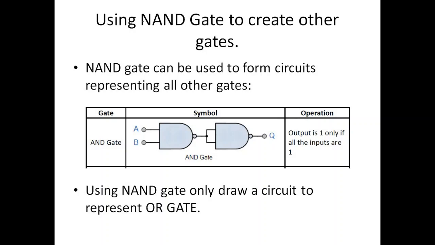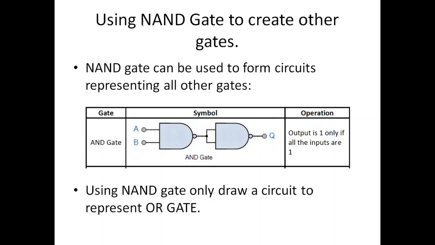Because all the 6 gates, when they are used in electronic circuits, there are different components which represent different gates. Sometimes a company might not have the components required for OR gate or AND gate, but they might have an excess amount of components for NAND gate, so they can use the NAND gate to create any other gate.